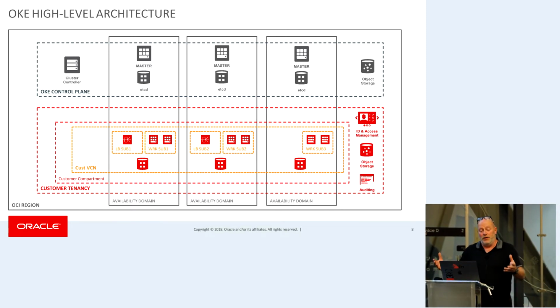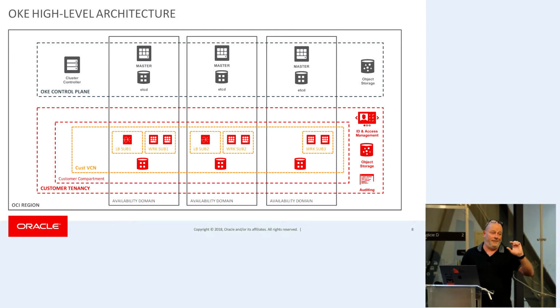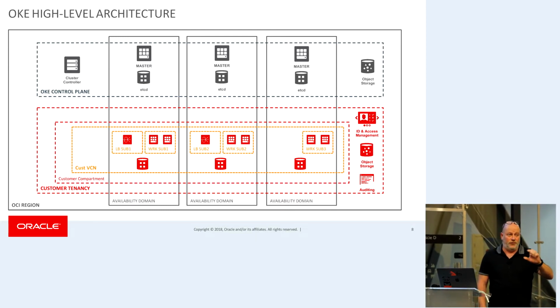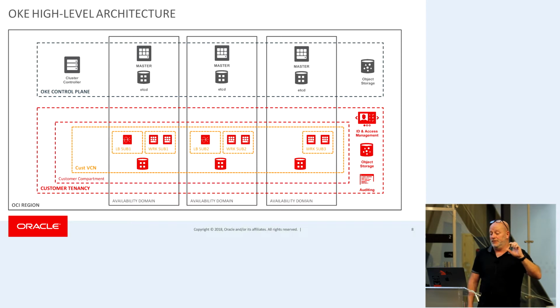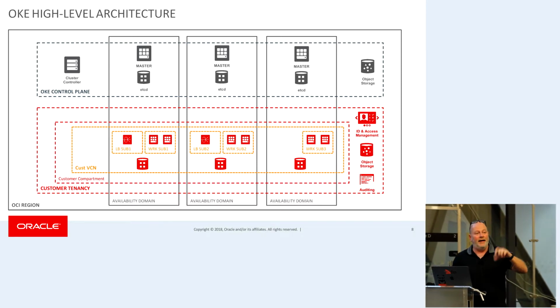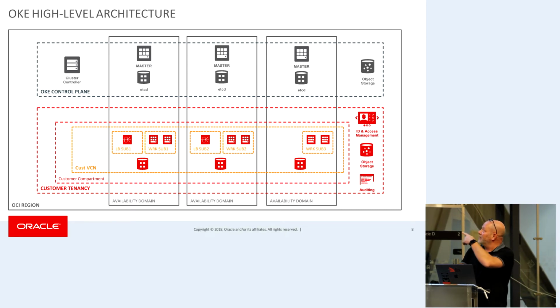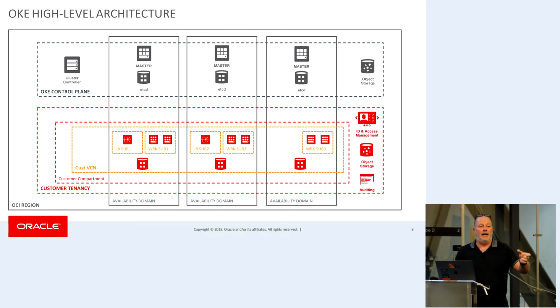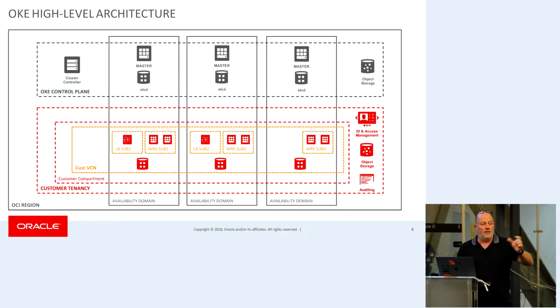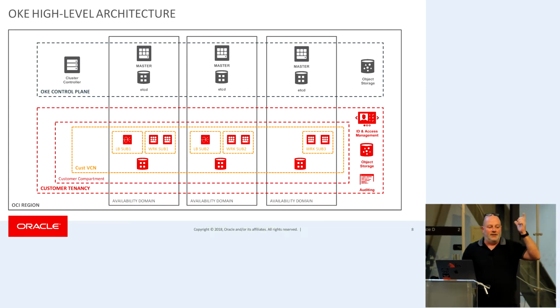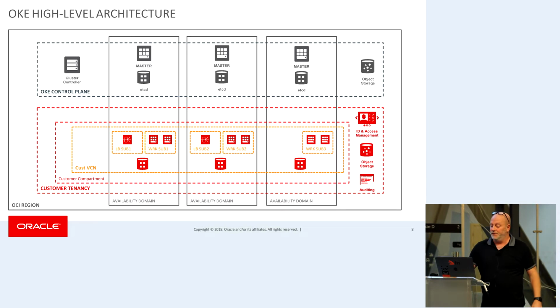So when you spin up a worker node, that's when you start paying for compute, for the core usage for those compute instances. And then if you create persistent volume claims, it will create block volume storage, and then you'll pay for the gigabyte hour, whatever the cost for that block storage while it's alive.